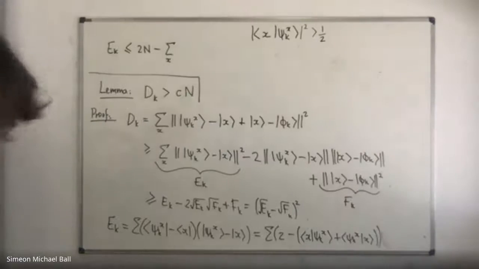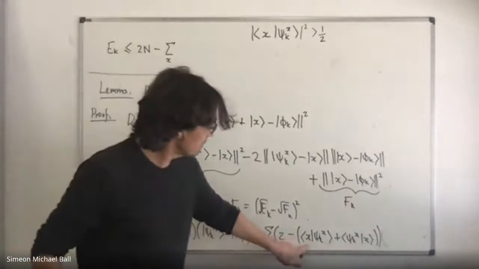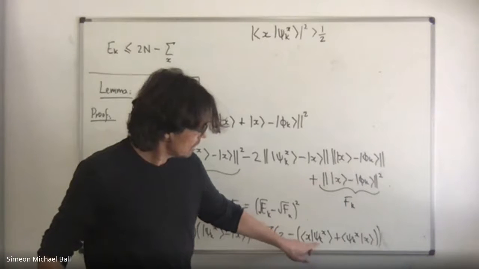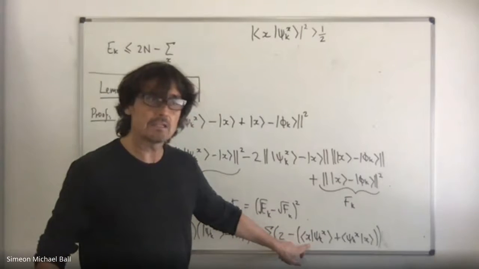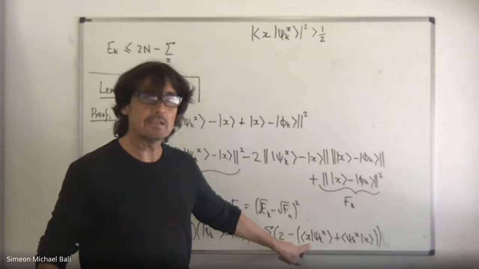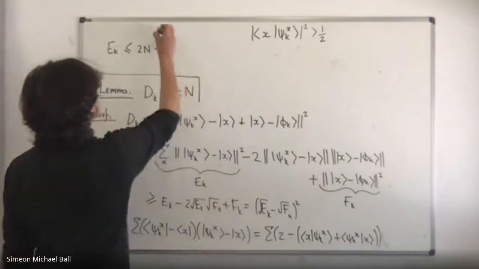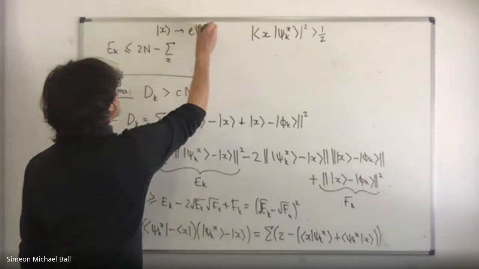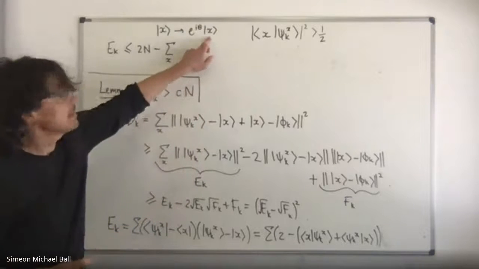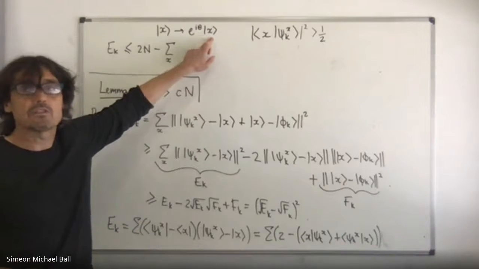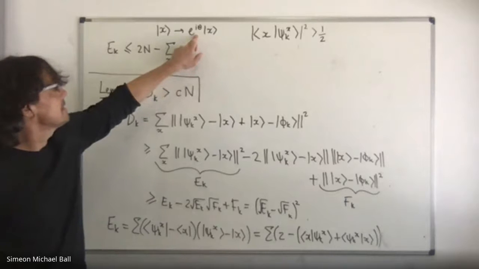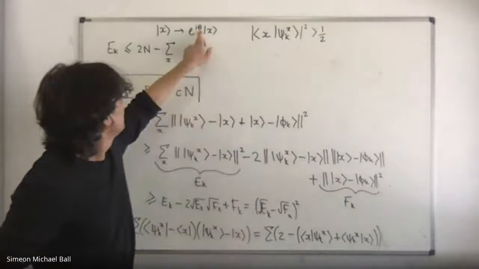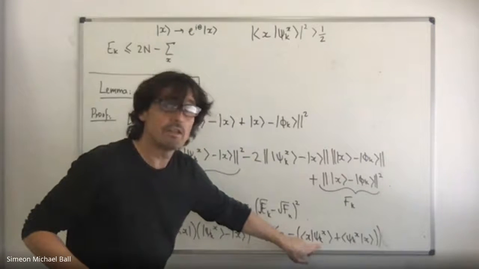And what we're going to do is assume that this number is a real number. Now, that's because we could always replace x by e to the I phi x. So x goes to e to the I theta x, sorry. And this doesn't change anything with respect to this still when we measure things, this isn't going to be there. But what it means is we can choose that theta so that these things are real.